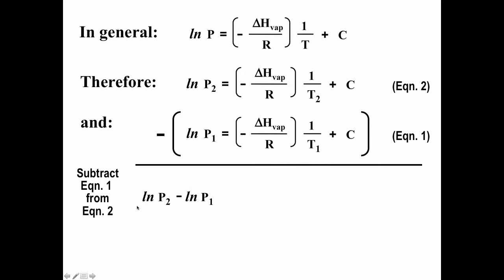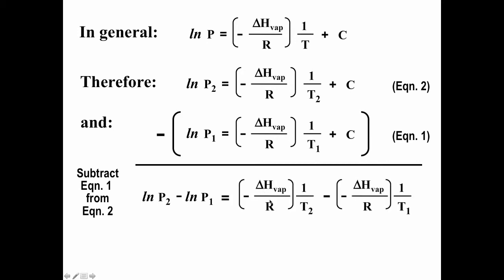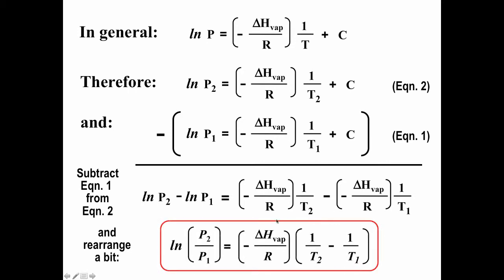So on the left, the natural log of P2 minus the natural log of P1, and on the right, that equals negative delta H over R times 1 over T2 minus negative delta H over R times 1 over T1. And if we do a little bit of mathematical manipulation and remember the properties of logarithms, we end up getting the natural log of the quotient P2 over P1 equals negative delta H over R times the quantity 1 over T2 minus 1 over T1.